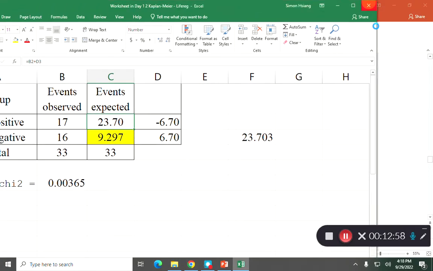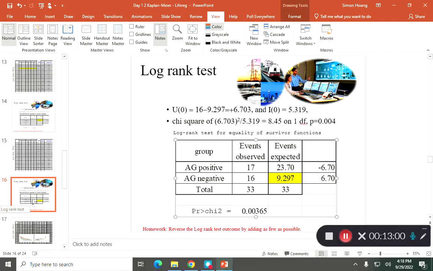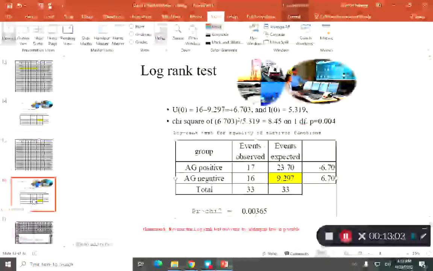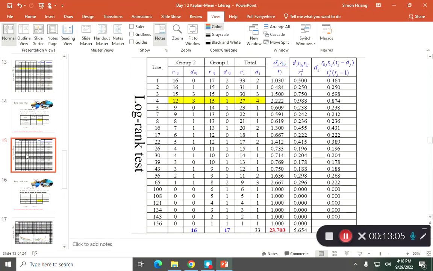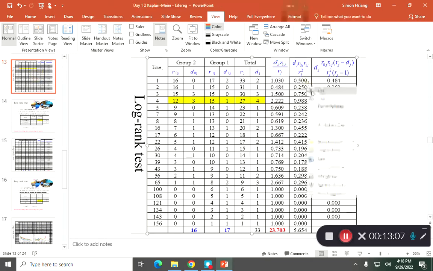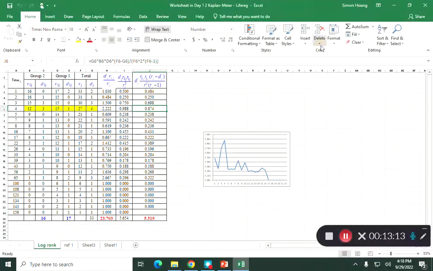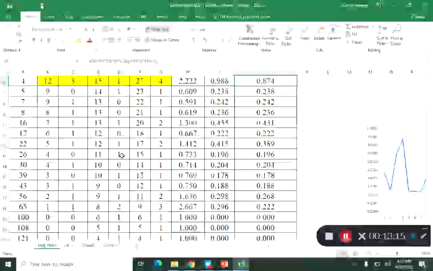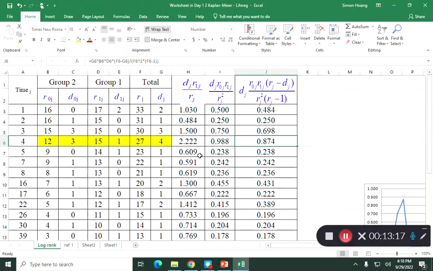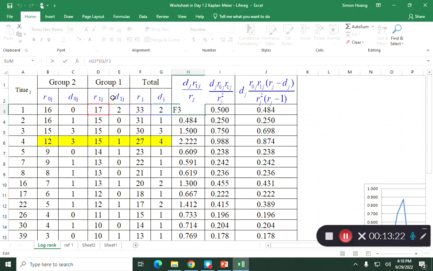The next thing you ask me is how did I get that number? I'm also using two Excel tables to get it. One Excel table is doing this. Every time I'm saying, totally how many do I have? And 17 over 33, okay?